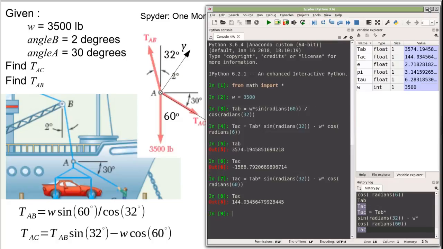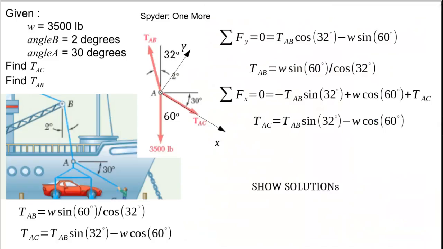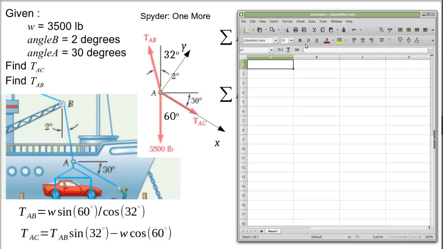Okay, one more thing we could do, just to show you don't really need the fancy tools, we could actually use a spreadsheet. So I'm going to say W is 3,500 pounds.